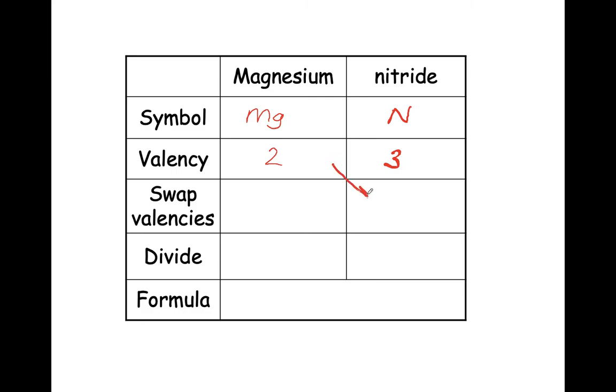We are going to swap the valencies over. So 3 is here, 2 here. And since these cannot be made any smaller by dividing by each other, it remains 3 and 2. So our formula then is Mg3N2.